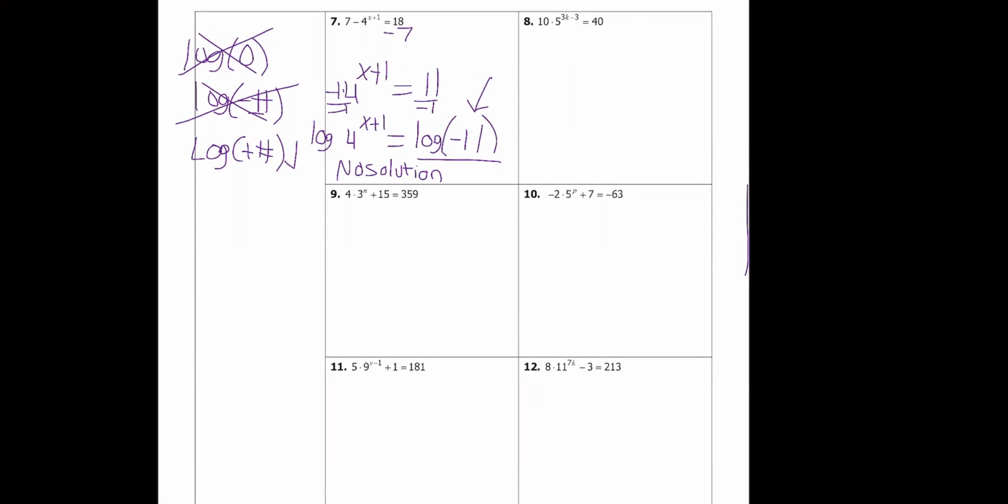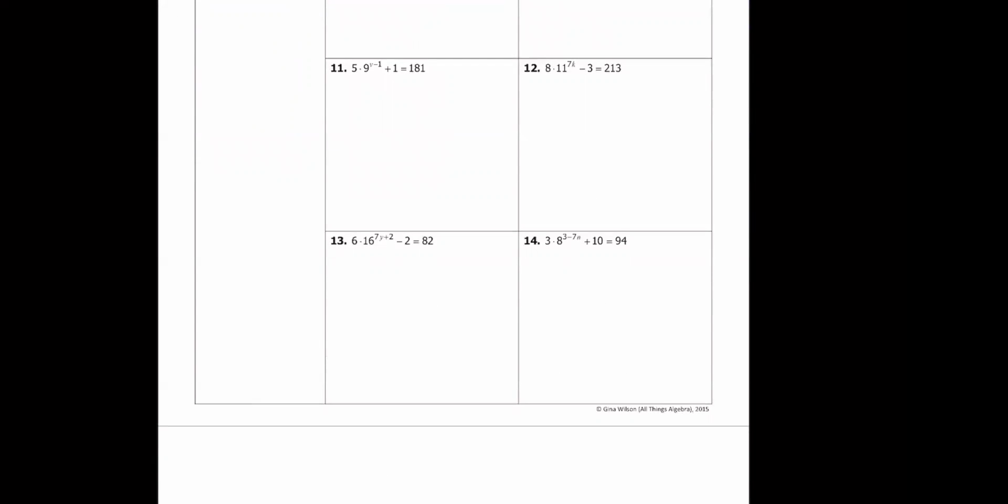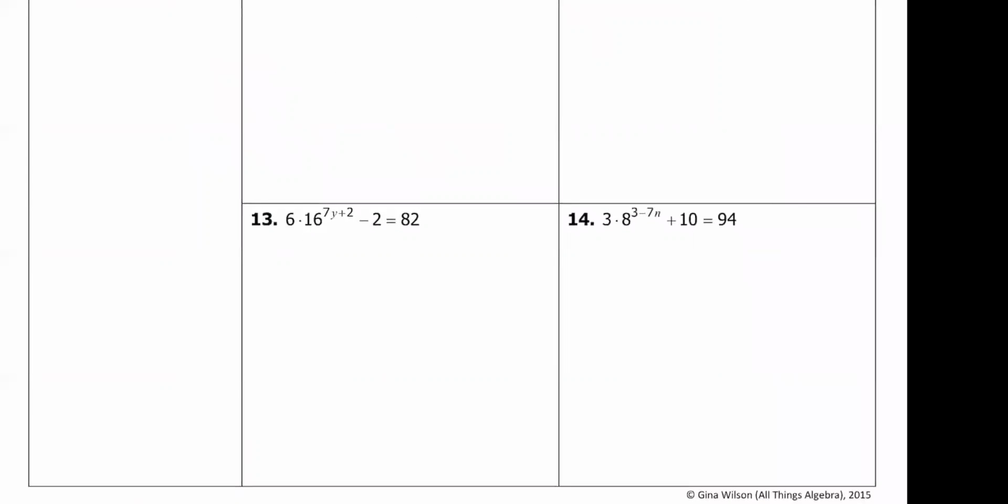I can do them all, I just feel like it might be a little redundant. Or if you guys want to try some of these, or if you even want to go into your Delta Math, maybe I should look at the Delta Math and tell you some things about that. But if you want to start working on that tomorrow, I'm going to skip that one. Let's go to one of these bottom ones because it looks like they have a bit more going on in the exponent.